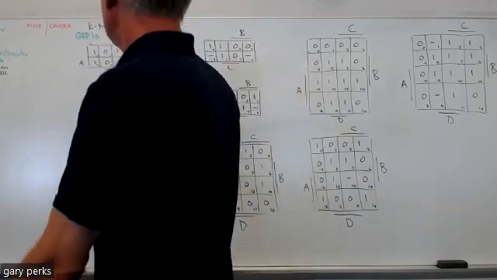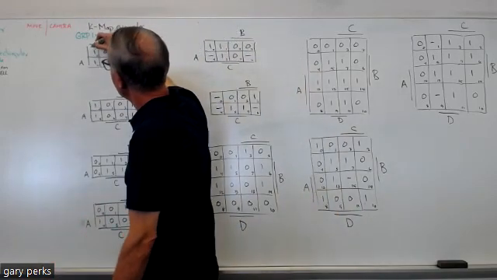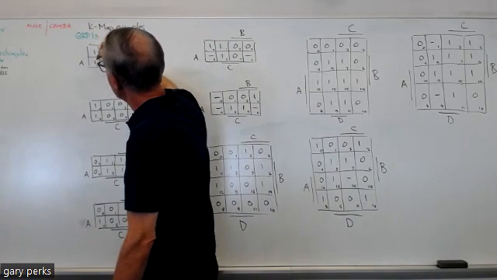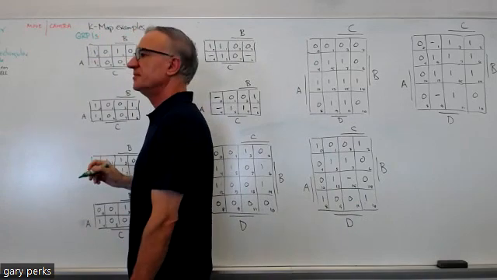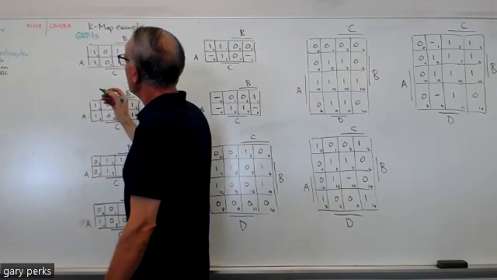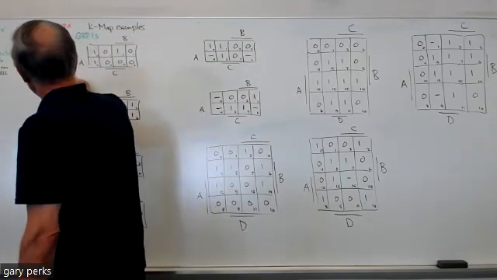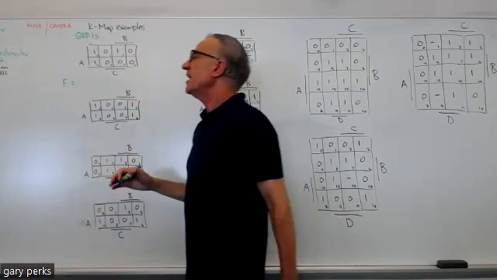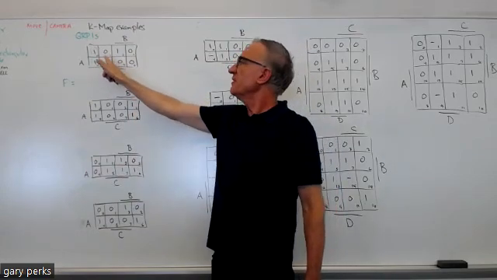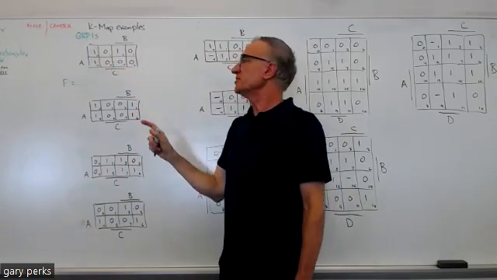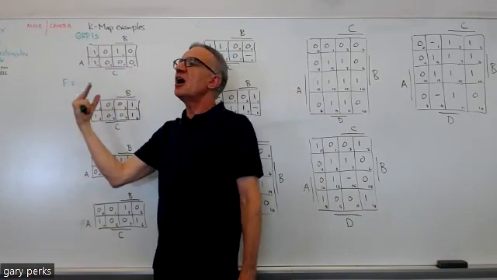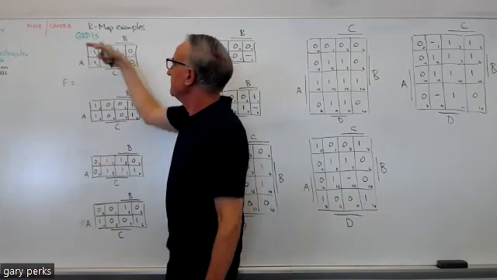0 and 4. Yeah, 0 and 4, right? There's a 2 grouping, a rectangular grouping. I would group these 2 together. Now, since we're grouping ones, the equation is going to be for F. To get the term that this 2 grouping gives us, we look at what's common to that grouping.